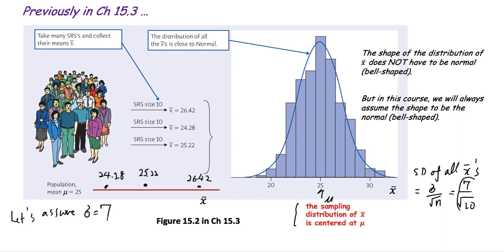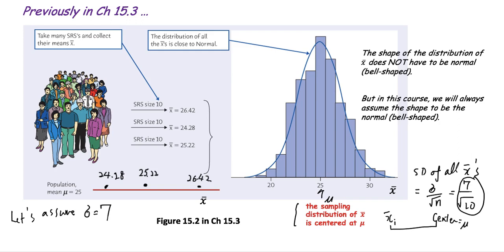So this value is the standard deviation of all sample means, meaning that if you arbitrarily pick a sample mean, so there are many of them, you pick one of them, okay? And you ask yourself, on average, how far off that number is from the center. The center is mu.